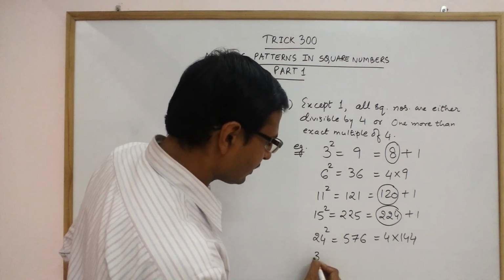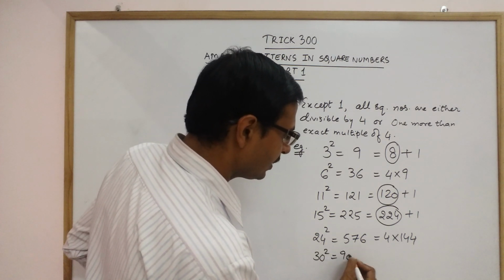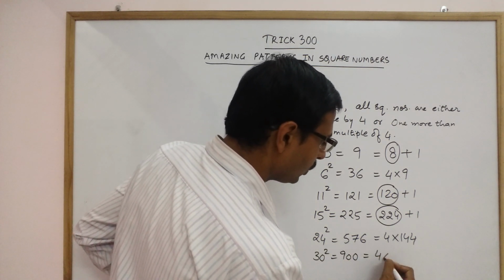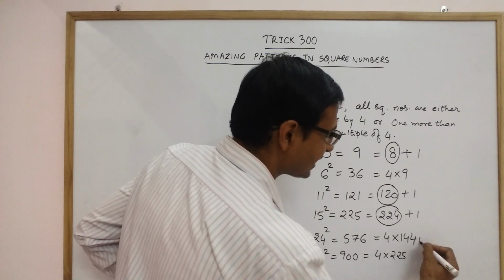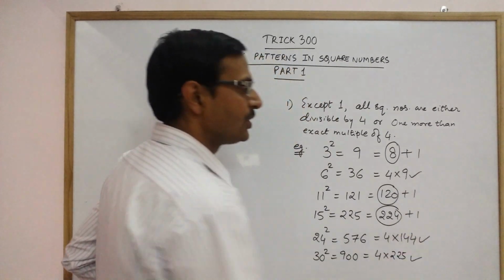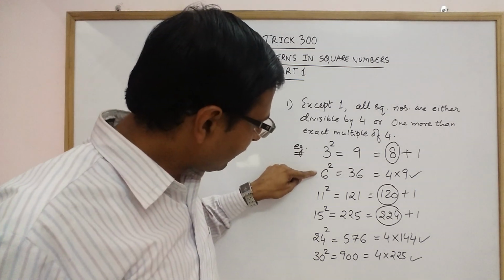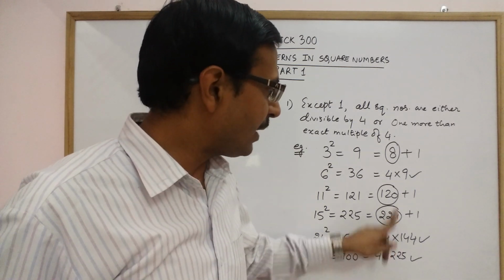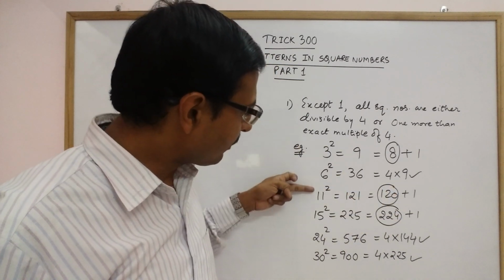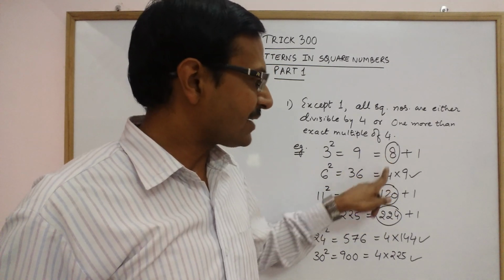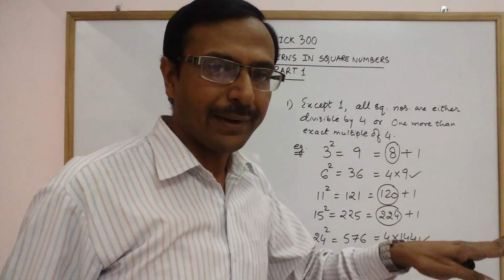Likewise, if you take 30 square, it is 900. 900 is 4 into 225. It is exactly divisible by 4. So moreover, whenever you see even number squares, they are exactly divisible by 4, and whenever you see odd number squares, we have an exact multiple plus 1.